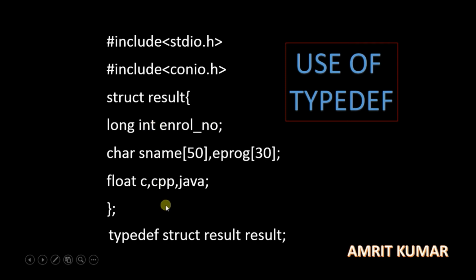So we are creating different data types, and this is done by using the concept of a structure that we have already learned in the previous videos. Okay, so this is our own data type that we have created.